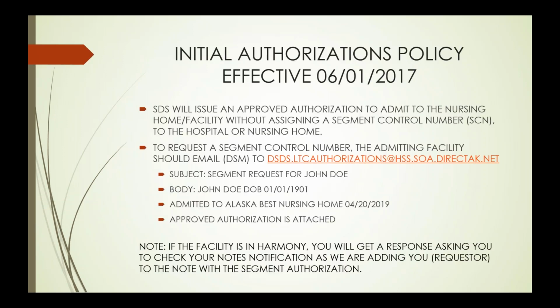So that leads us into our reminders section, and we just wanted to, again, look back at the policy that we had put in place several years back. We were seeing some problems with issuing approved authorizations for initial admissions.